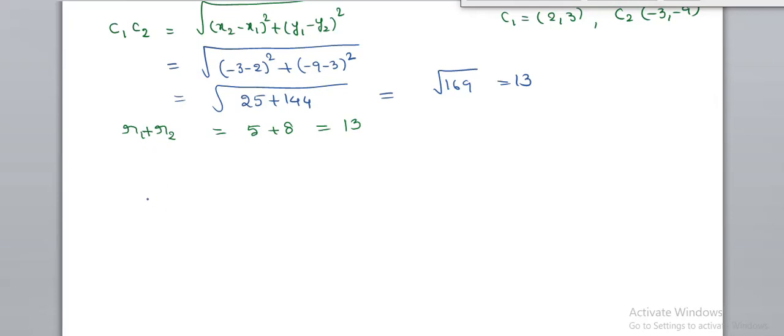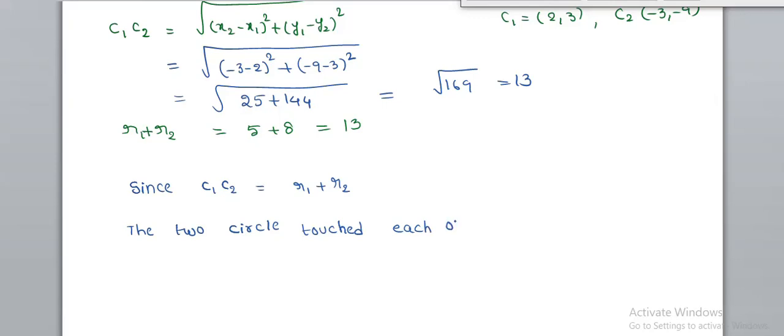So in the question, observe, since C1 C2 is equal to R1 plus R2, the two circles touch each other externally. Write down.